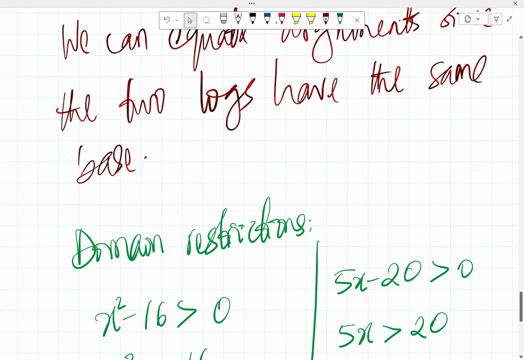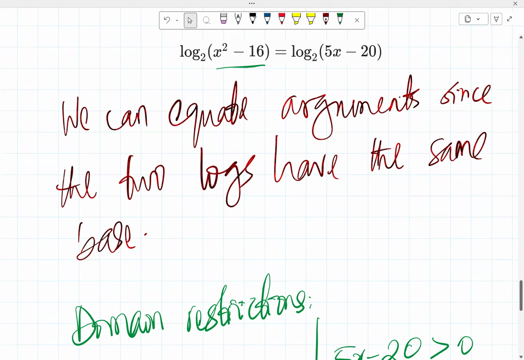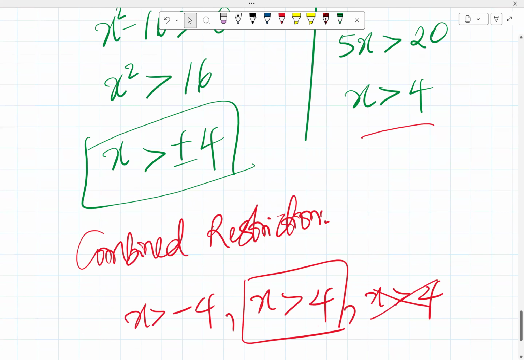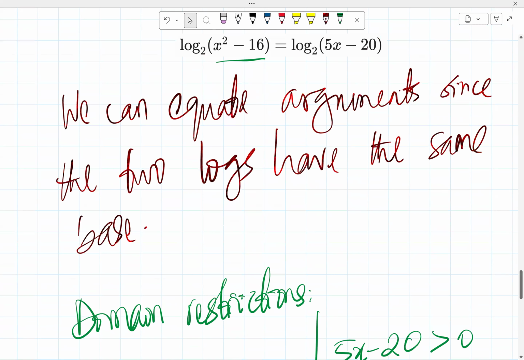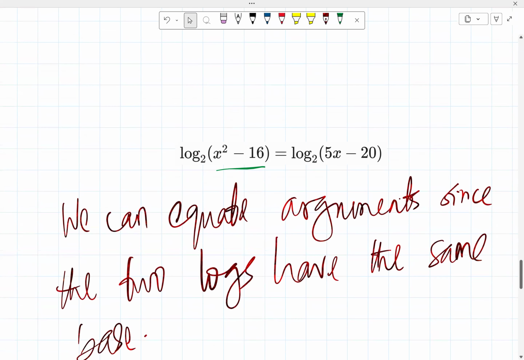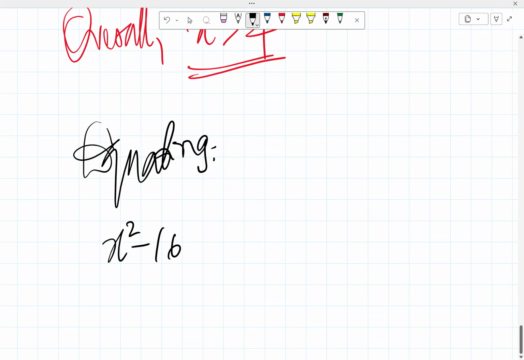So with that out of the way, we can then equate both sides. We then have x squared minus 16 equals 5x minus 20.